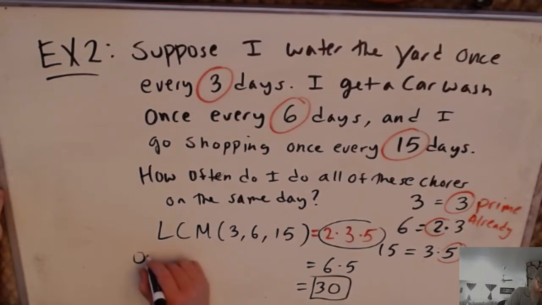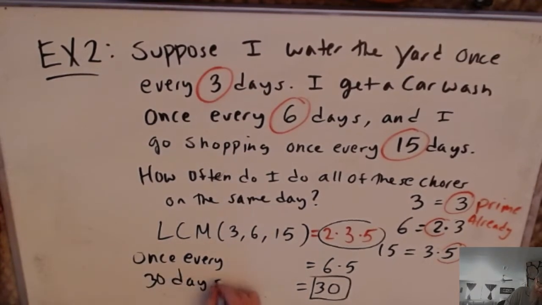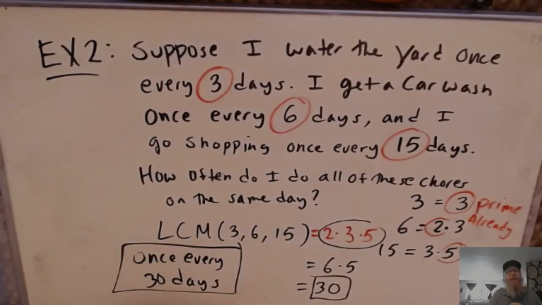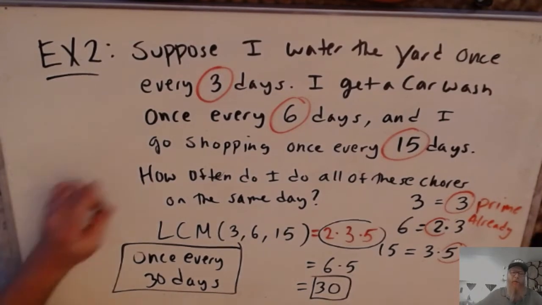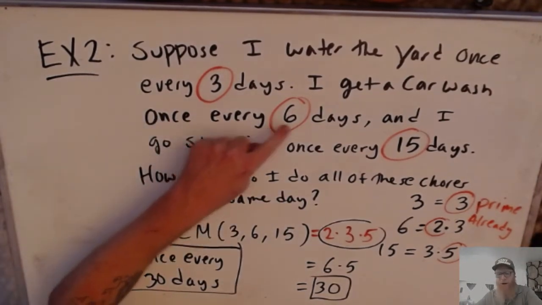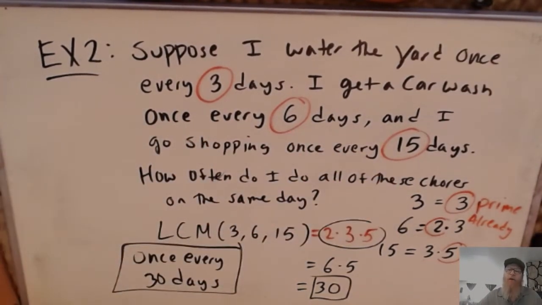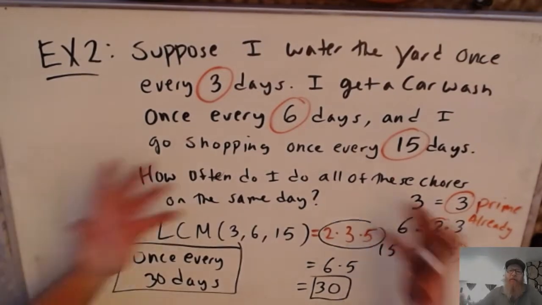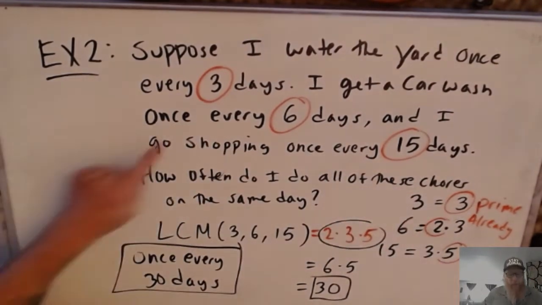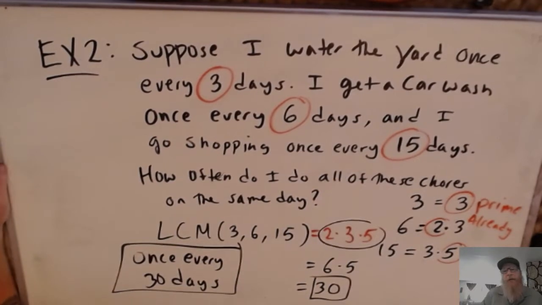So once every 30 days, so basically once a month, I water the yard, I get a car wash, and I go shopping all on the same day, if I'm following these 3 moduli.